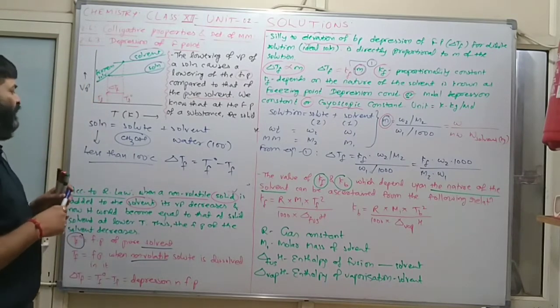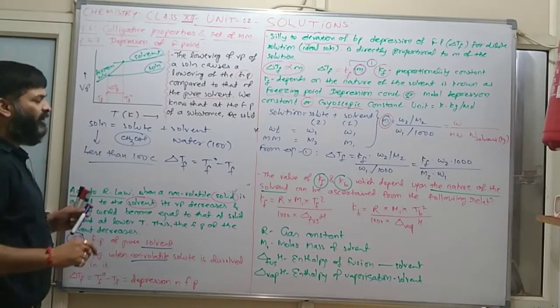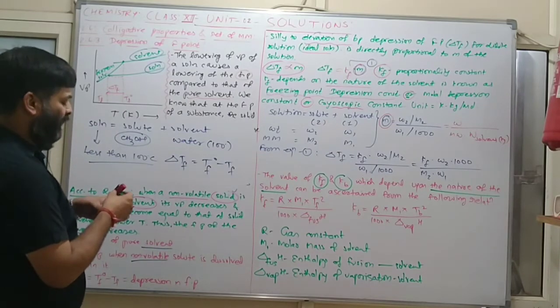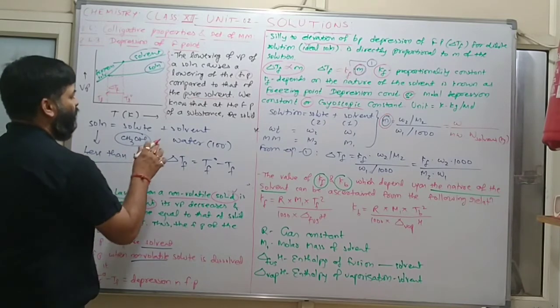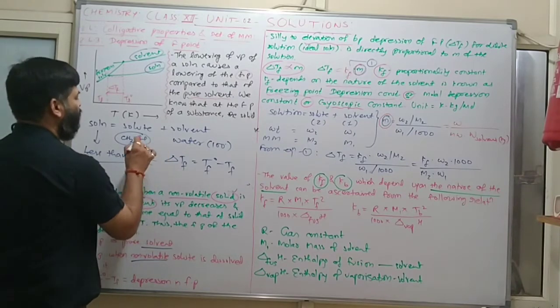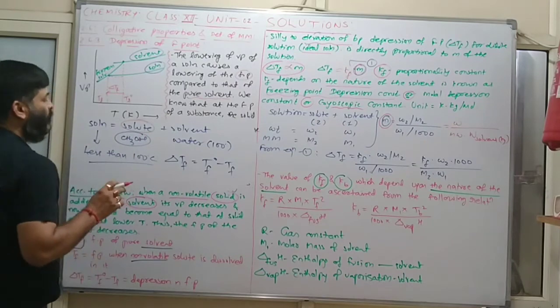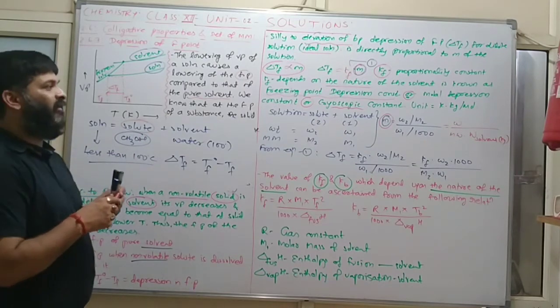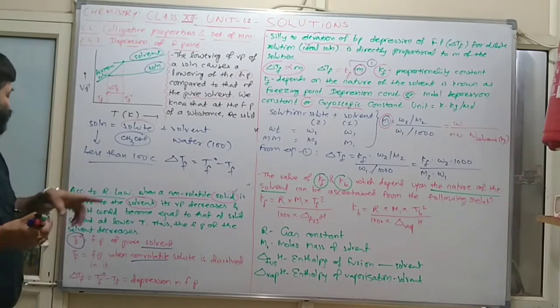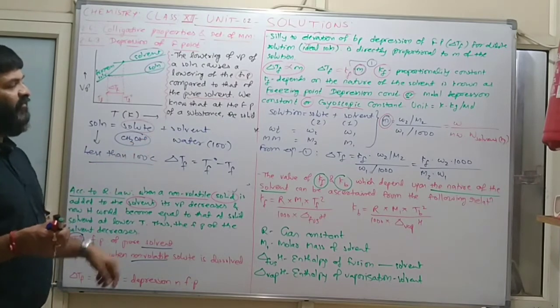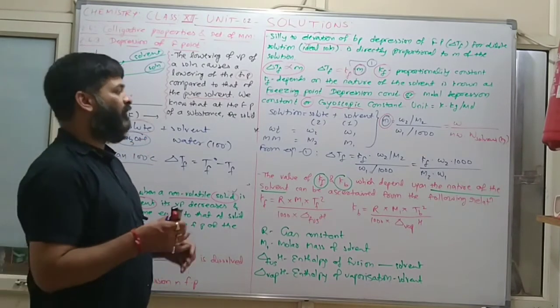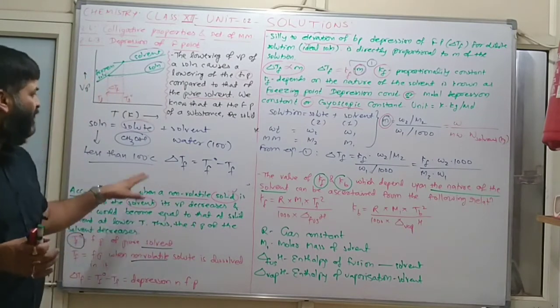Clear? तो राउल्ट्स लॉ है ना, boiling point of solution may be either more or less. So it is related to the nature of solute particle, whether your solute is volatile or non-volatile. तो आपको इसमें ज्यादा कुछ नहीं करना है.